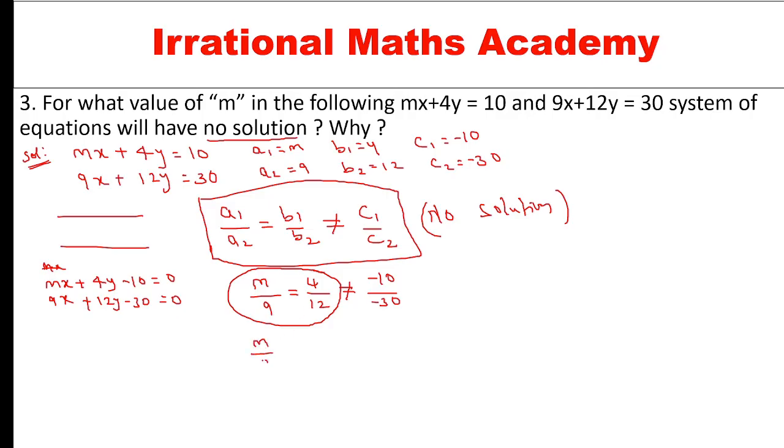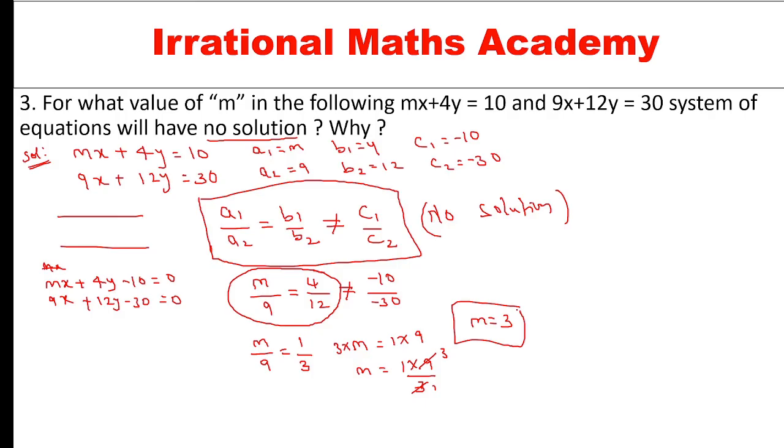So M by 9 equal to 4 by 12, that is 1 by 3. If I cross multiply, what I'll get here? 3 into M equals 1 into 9. But what I need is the M value. 1 into 9 upon 3. So M value equal to 3. That is what we need.